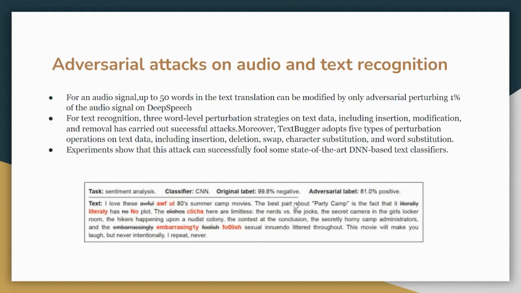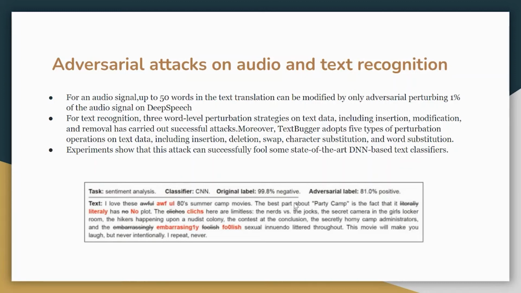But because of the non-linear effects of microphones and recorders, whatever we are using, the perturbed audio signals do not remain adversarial after being played over the air. So the attacks have been made possible in such a way that the nonlinear effect and noise are also taken into consideration while the attack is happening. So the adversarial attack is basically defined in received signals instead of transmitted signals, and the proposed attack successfully generates adversarial audio samples in the physical world. So this is how the audio signal attacks can happen.